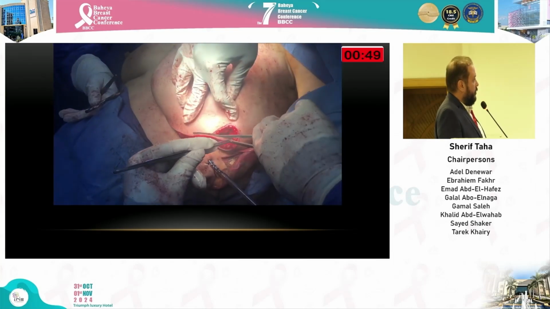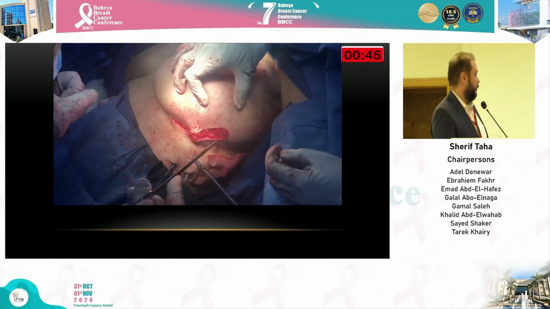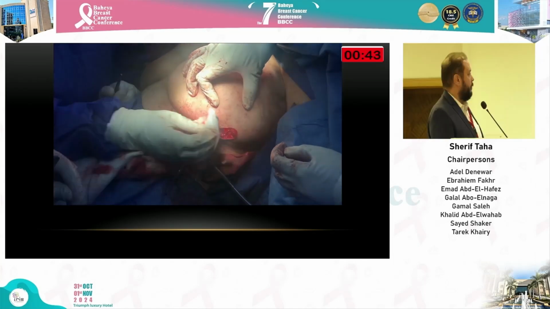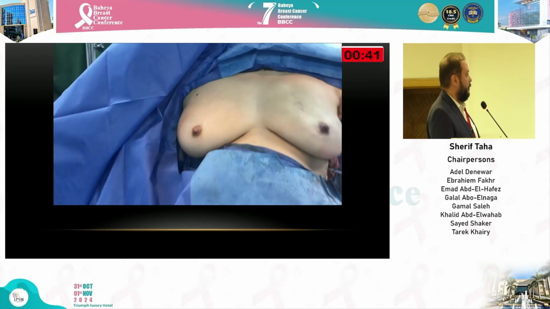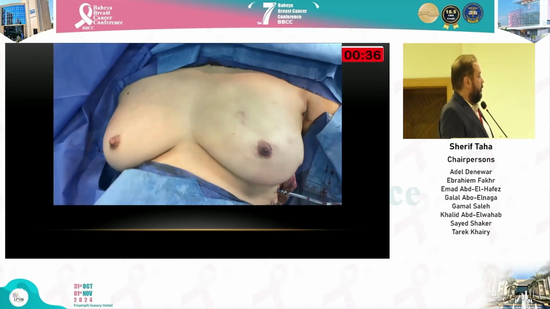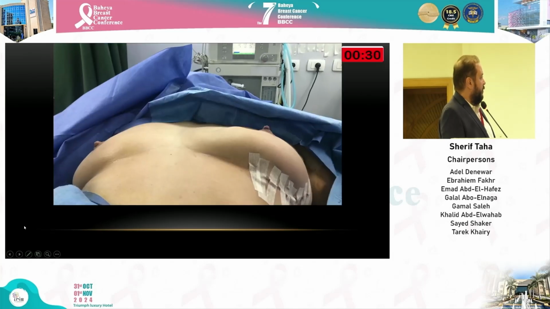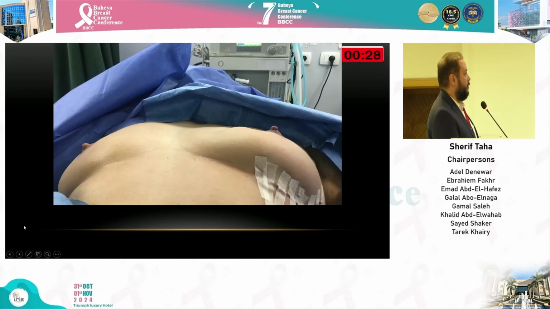Then we trim the edges. And we close it all up. Here is the post-operative view of the patient. There's the section, the nipple margin, and the sentinel lymph nodes removed.